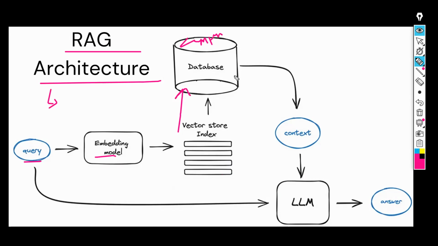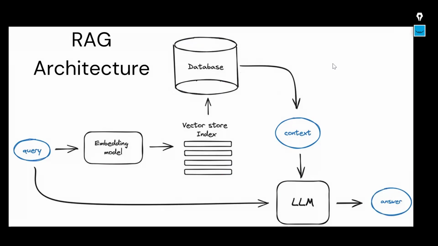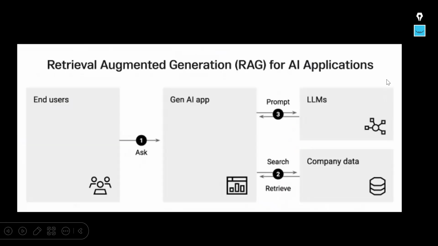Then that context is passed into the LLM, and the LLM generates the content. After generating the content, you give back an output. So these are RAG architectures. These are relevant applications. You can see the end user can pass the input.